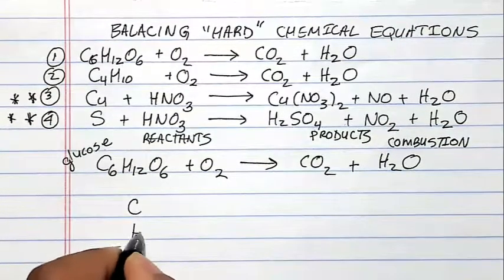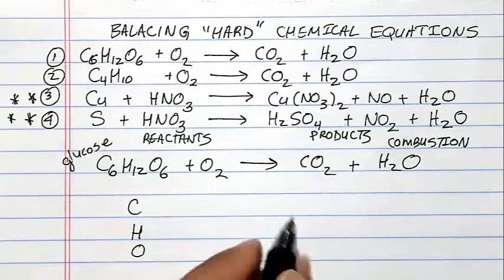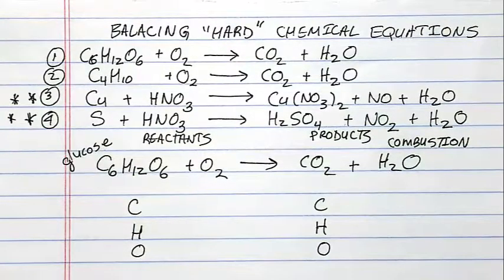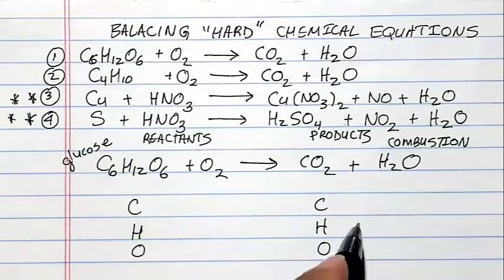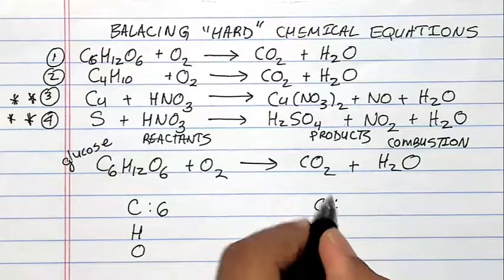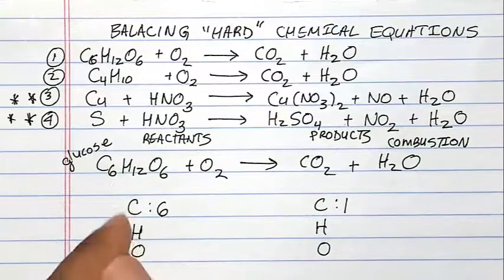So let's have our accountability between the reactant atoms and our product atoms. First we have carbon, hydrogen, and oxygen in our reactant side. And in our product side, we have carbon, hydrogen, and oxygen. So notice we have no more atoms, no less atoms. Whatever's in the reactant are the same atoms that are in the product side. So for carbon, we have 6 here in the reactant side, and product side we have 1.